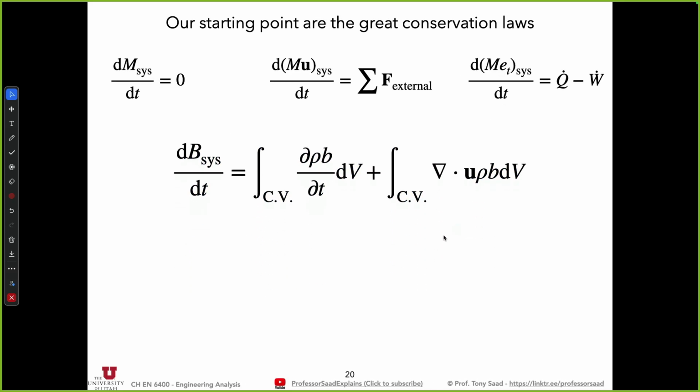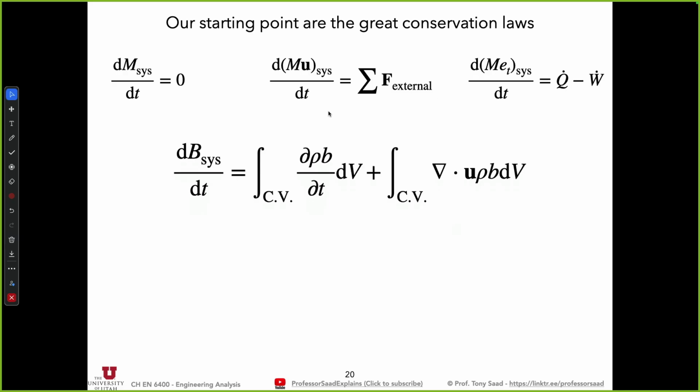Okay. All right. That's the first jump we have to make. Okay. So now remember we have these conservation laws. D mass of the system by dt is 0. D momentum of the system by dt is sum of external forces. And this energy equation, total energy equal Q dot minus W dot.